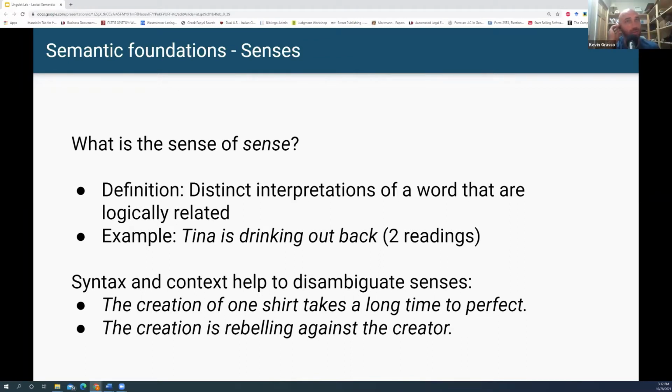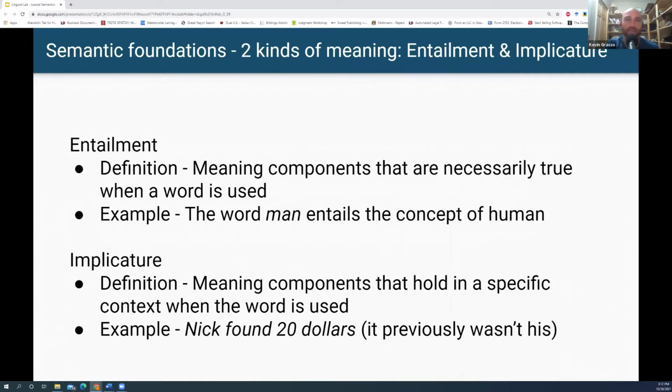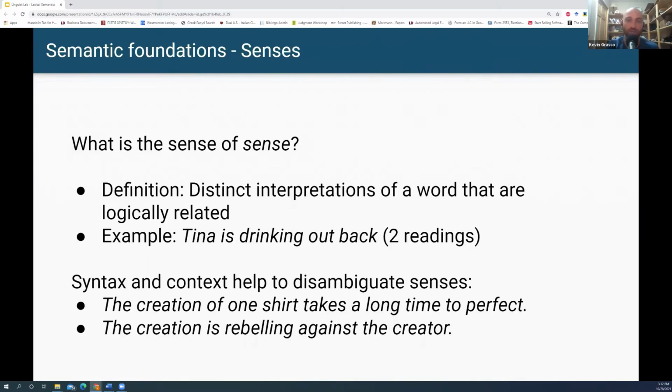I would define meaning much more broadly. So you can have meanings that arise, like I said about implicatures, right? Those are meanings, but I wouldn't call those a different sense of a lexical item. It's very difficult to parse this out, right? This is actually part of the problem, and part of the reason why it's so tricky to define sense.